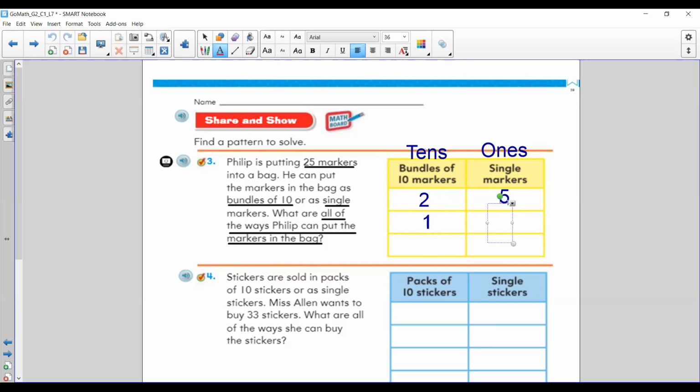And instead of 5 singles, we're going to have 10 more, which would be 15. Then if we take another 10 away, 1 minus 1 is 0. And if we add that 10, it will be 25.